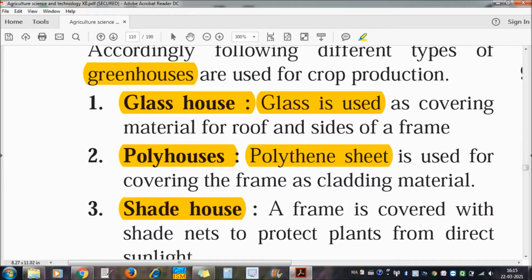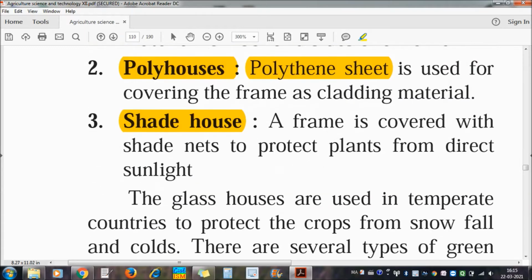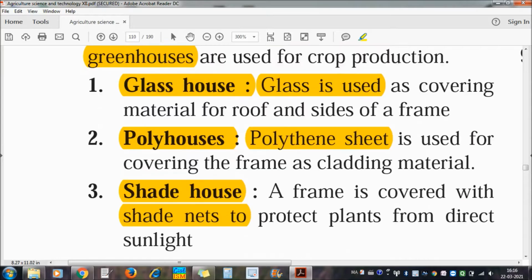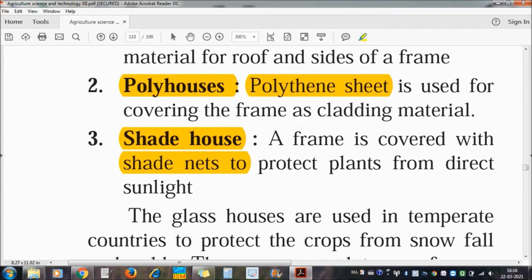Cladding material means covering material. Then third is a shade house. Here the frame is covered with shade nets to protect the plants which are inside of the greenhouse. So these are the three kinds: glass house, polyhouse and shade house.